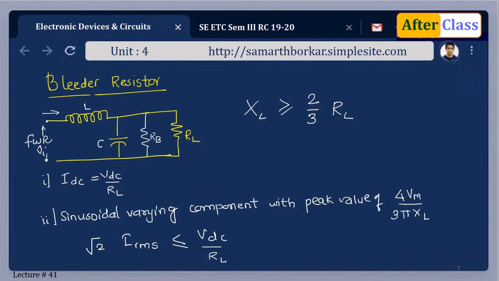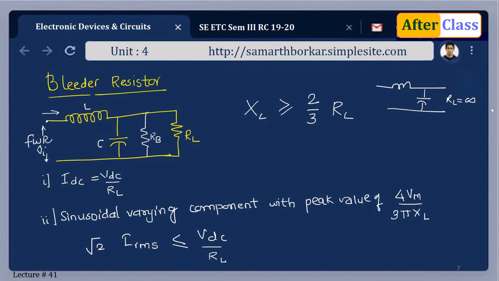But this condition does not hold true for all the load resistance values. For example, if I take out the RL from the circuit, then RL becomes infinite, and if RL is infinite, then it will make our inductance value also infinite.